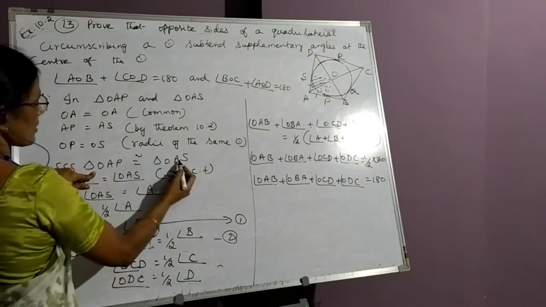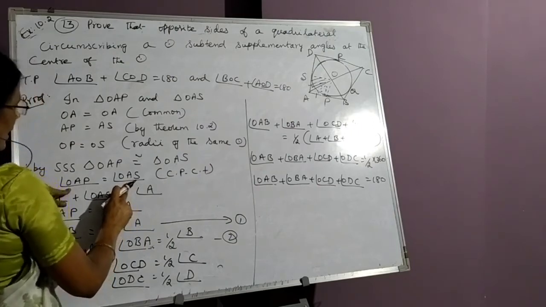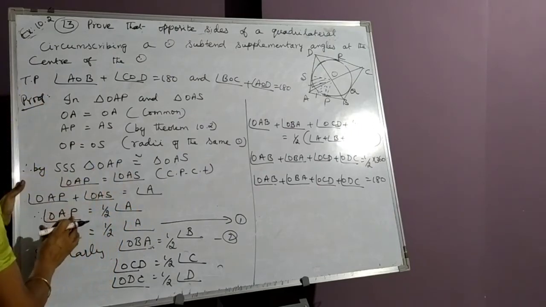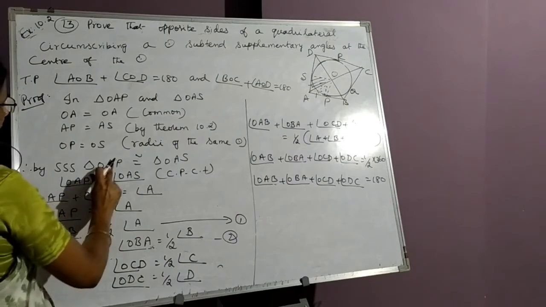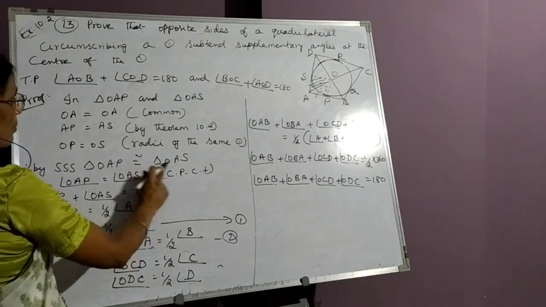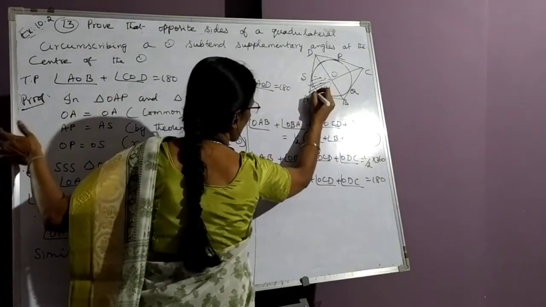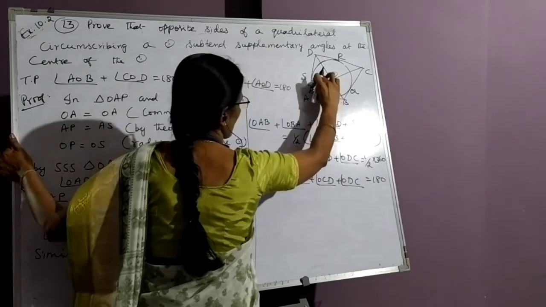When two triangles are congruent, corresponding elements are equal. The corresponding element we are going to take, that should be remembered, is angle OAP. What is the corresponding angle of OAP? It is angle OAS. So angle OAP is equal to this angle.